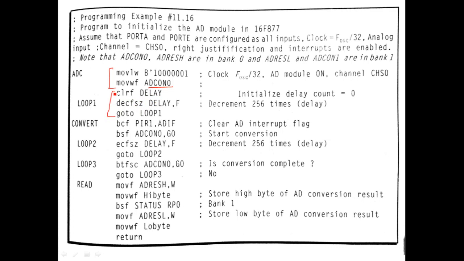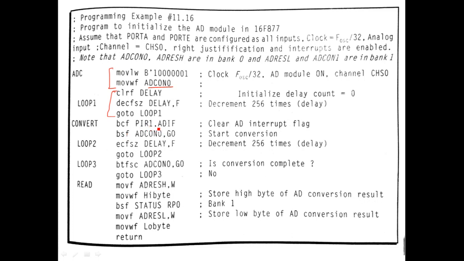Practically, every time you are operating an ADC, some delay is introduced between 2 successive steps, because when you load this pattern into this register, the ADC module will take some time to get configured appropriately. Okay, so the next action should not occur immediately, so there can be some delay to allow this setting to occur.